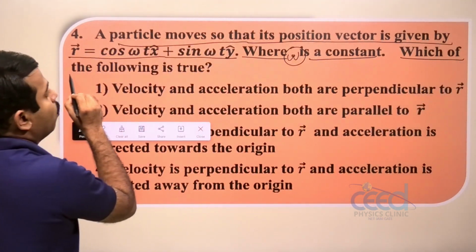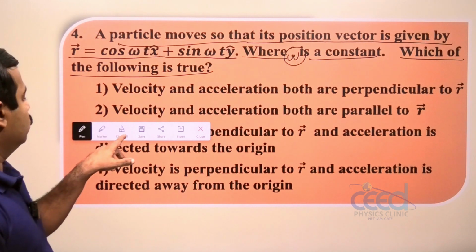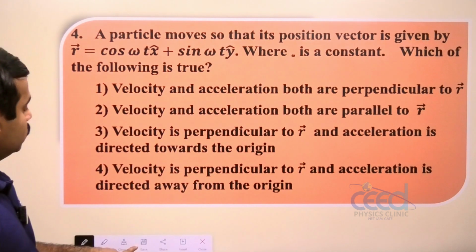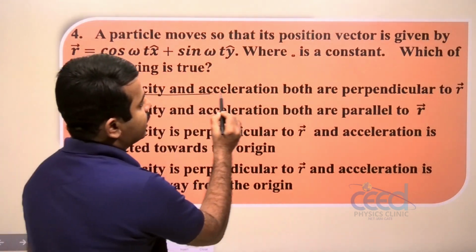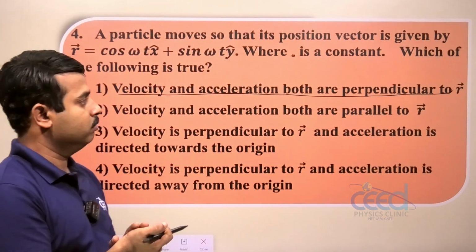Which of the following is true? So let us check one by one. Velocity and acceleration both are perpendicular to R vector.